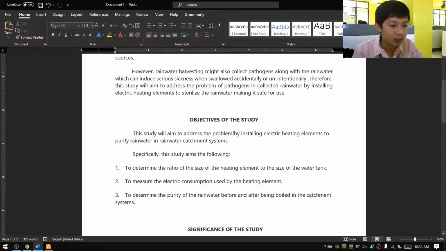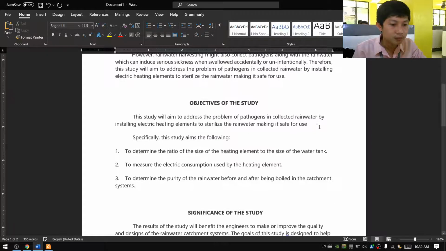Okay. Specifically, the study will aim the following, or you can say this study will aim the following specific objectives.